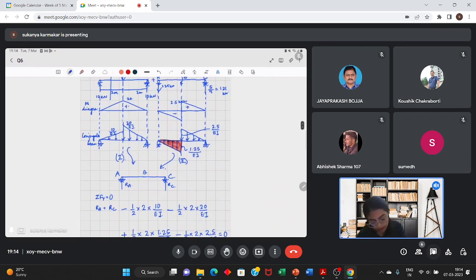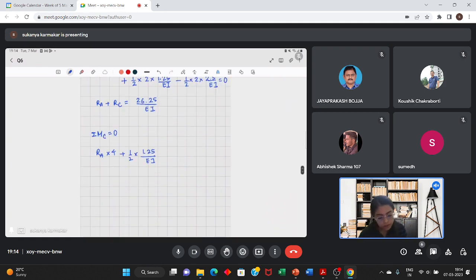RA into this distance, which is 4. RA is in the vertically upward direction, so RA into 4. Now you are considering the effect of the second loading first. In this highlighted pink portion, this will create a moment about point C in the clockwise direction. So the sign is positive.